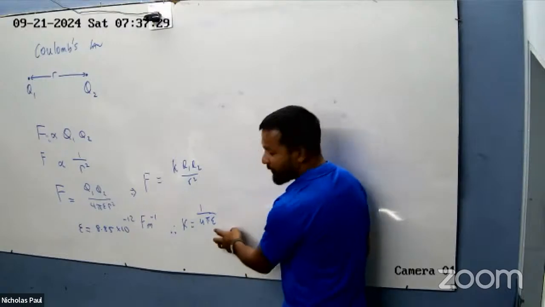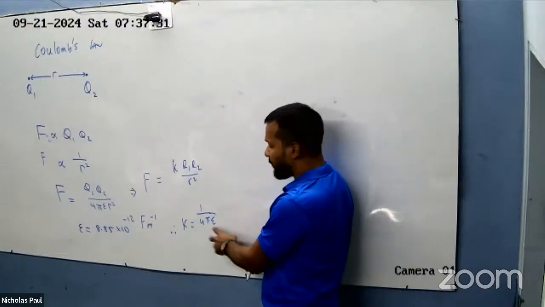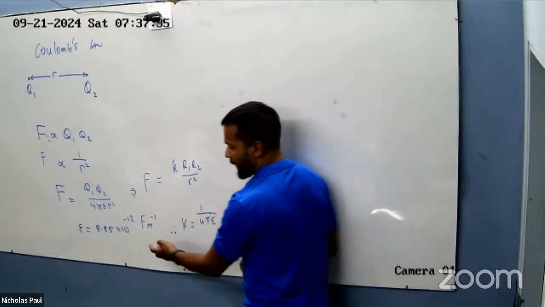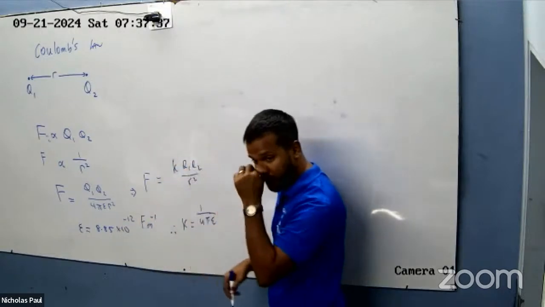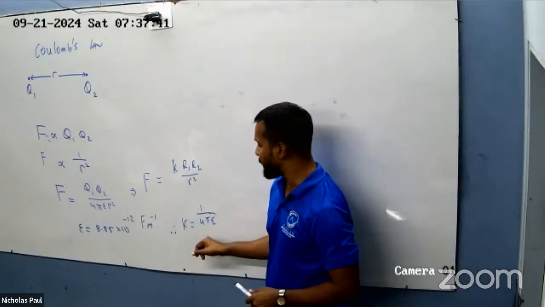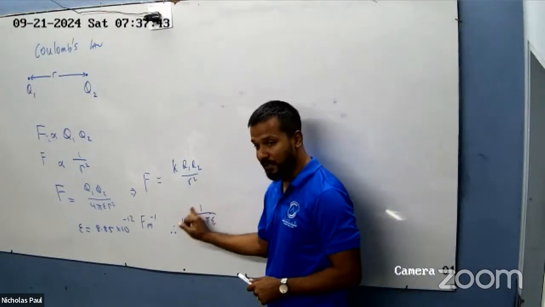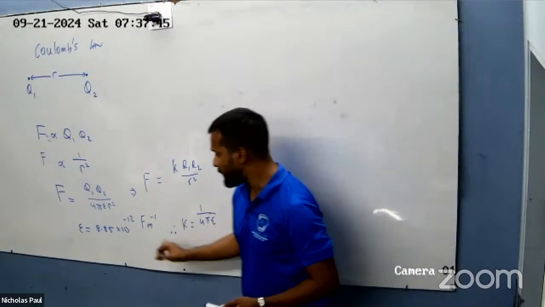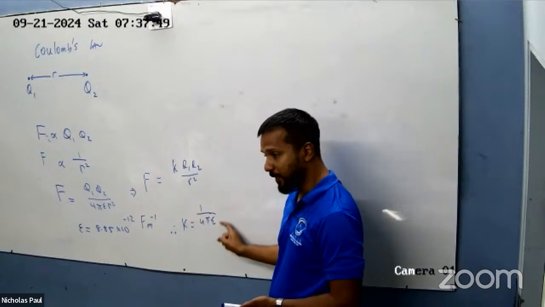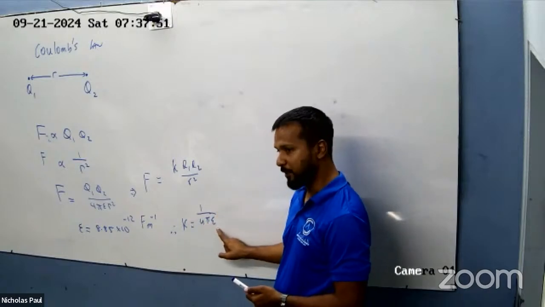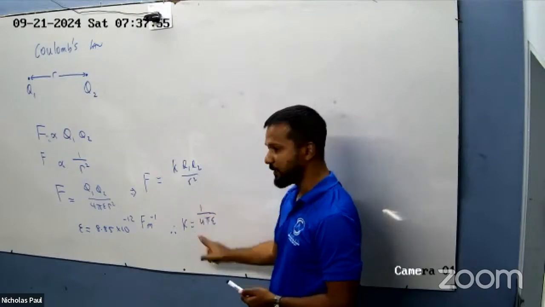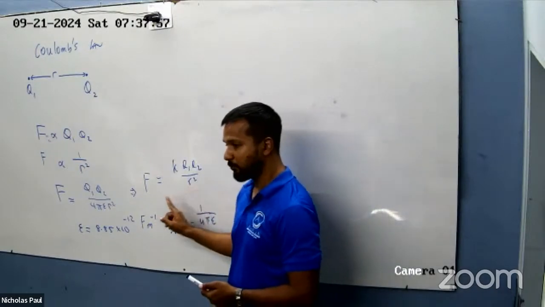If you look at the front of the past paper, sometimes you will see a value for this. Other times you can use the value for epsilon itself, because pi is a constant and epsilon is a constant.